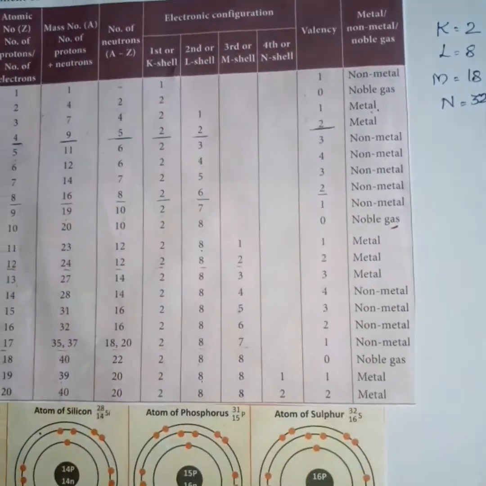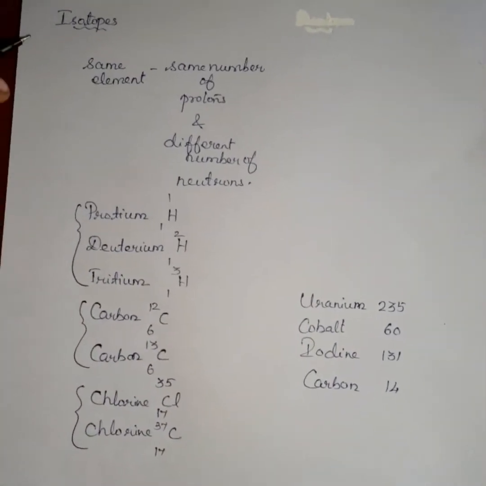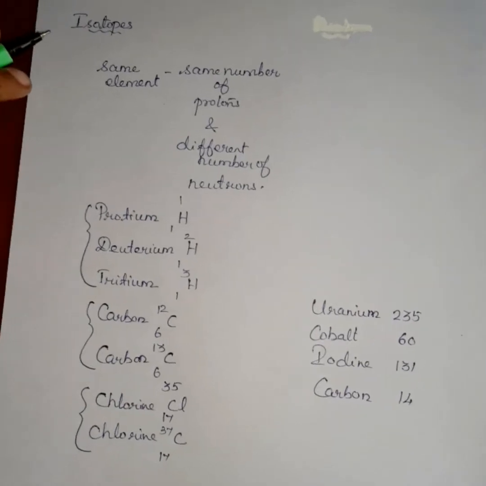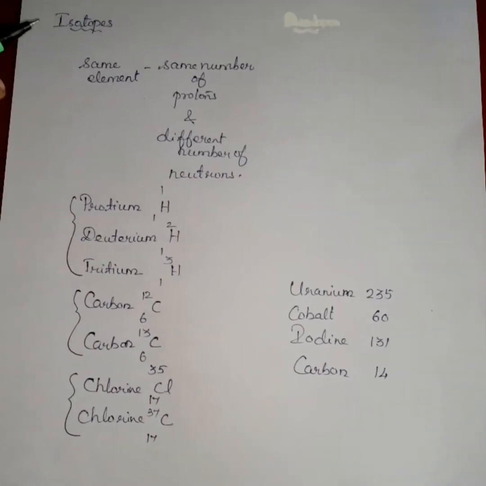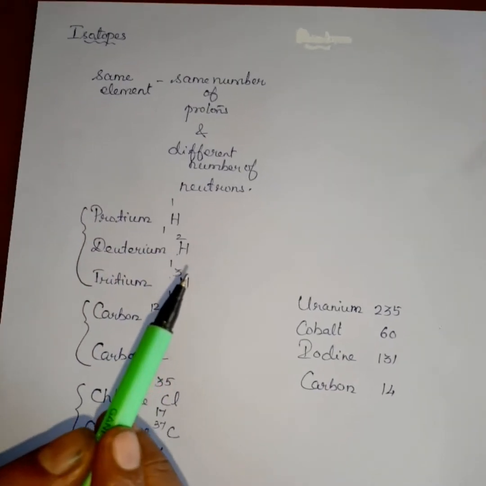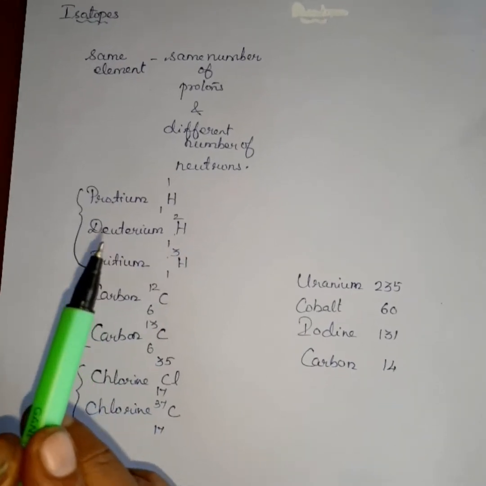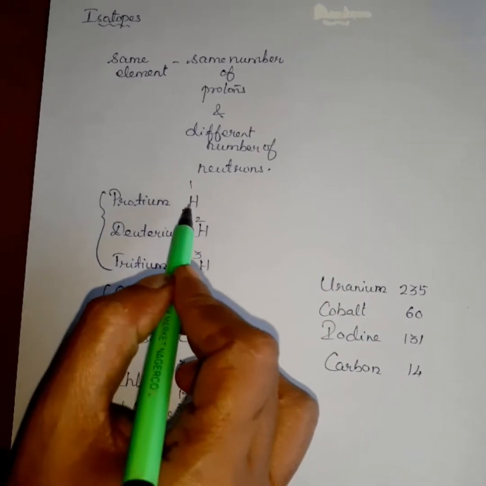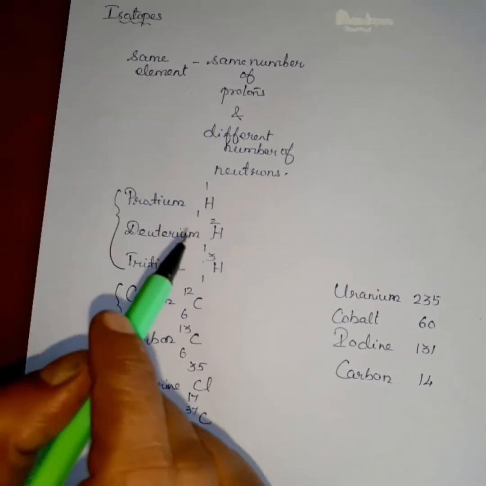Okay. Next we are going to study isotopes. Atoms of the same element having the same atomic number but different mass number are called isotopes. Okay, same atomic number but different mass number. It is called what? Isotopes. Here listen, some examples.